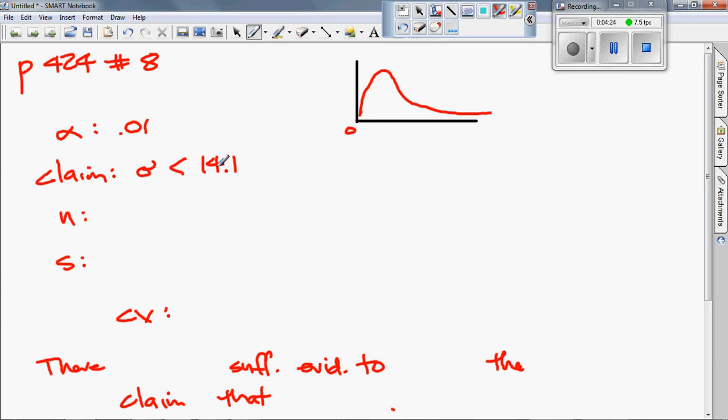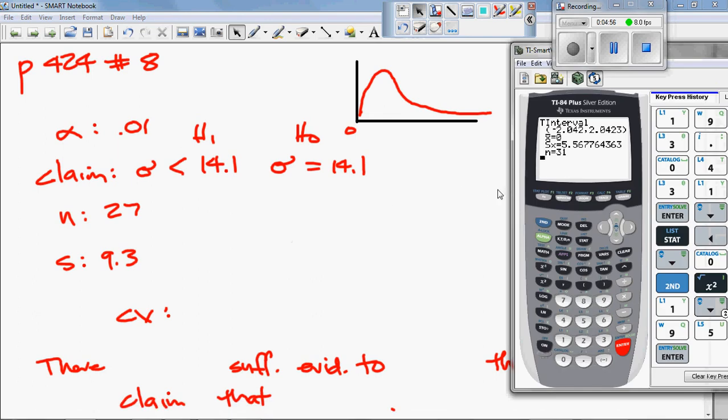We are told that the sample size is 27 test scores, and those 27 test scores have a standard deviation of 9.3. That's the sample standard deviation. The opposite of our original claim is sigma is greater than or equal to, we just write equals 14.1. Alternative hypothesis, null hypothesis.